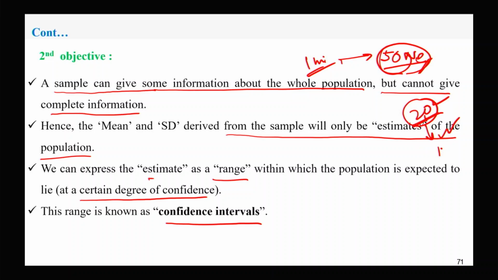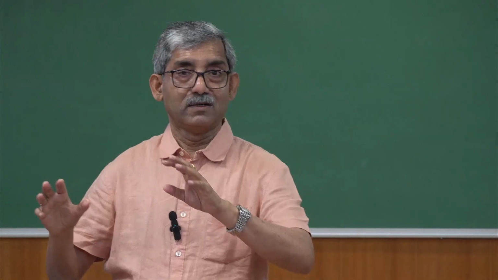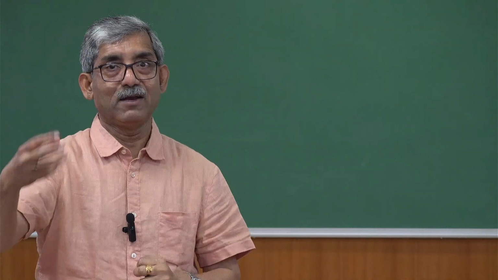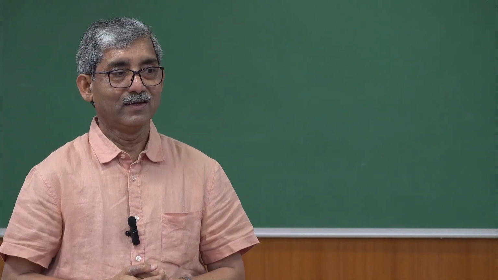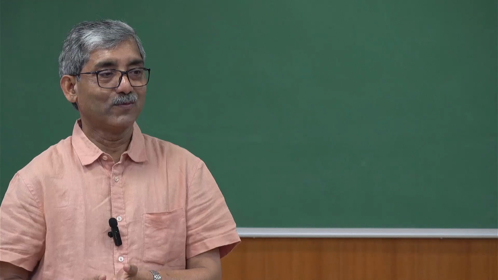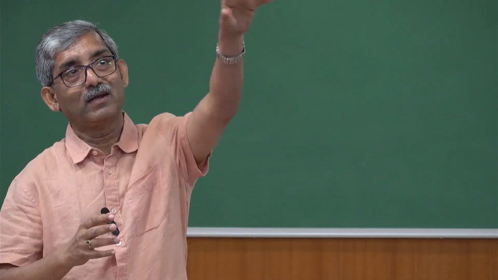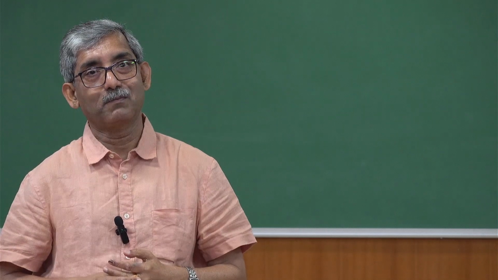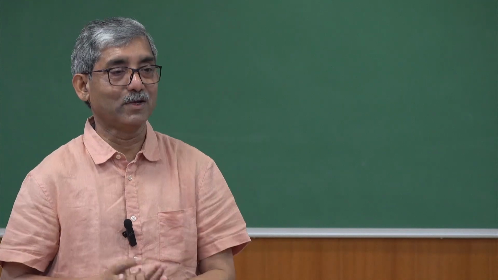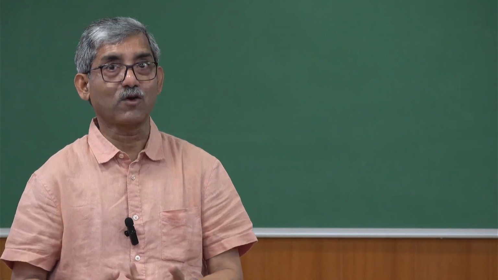So this confidence interval is extremely important, and we can get it from the sampling distribution, because by testing only 10 or 20 samples we are getting a certain value, actually projecting the value of the population within a short time.